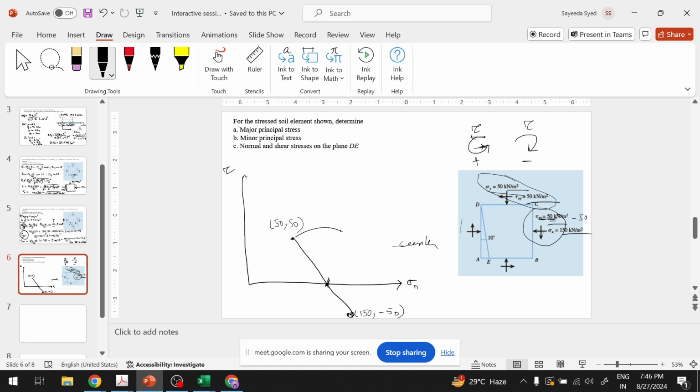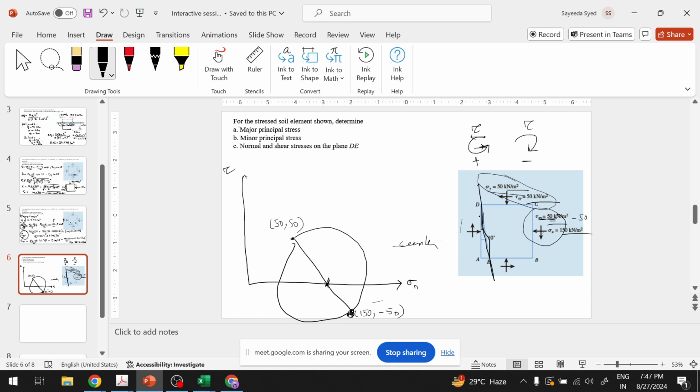This will be the diameter, and we draw this circle. Okay, and then from any known point, for example this, see, this is the plane on which we want the stresses, isn't it?